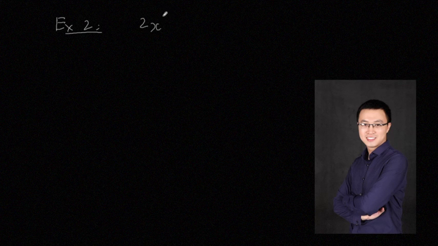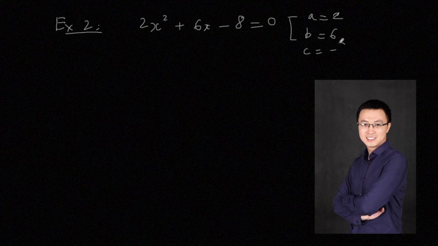I have 2x squared plus 6x and negative 8 equals 0. Okay, identify a, b, c. b is 6 and c is minus 8. So identify delta, b squared minus 4ac. b squared is 6 squared and minus 4 times a, which is 2, and times c.